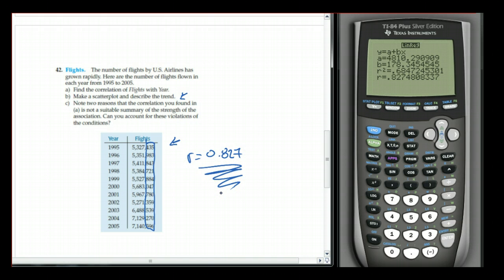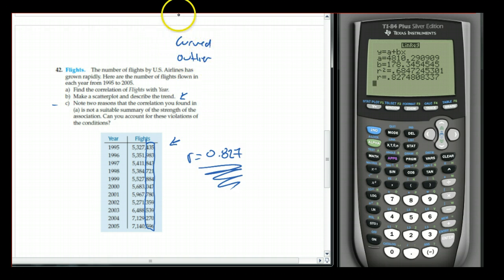However, just because we have a strong correlation doesn't mean that it's valid. For part C, it says name 2 reasons that the correlation you found in A is not a suitable summary of the strength of the association. Well, it's curved, and there's an outlier.